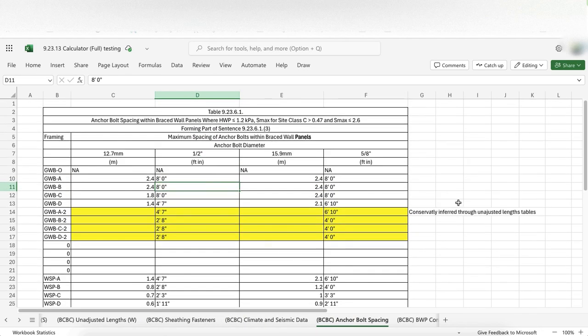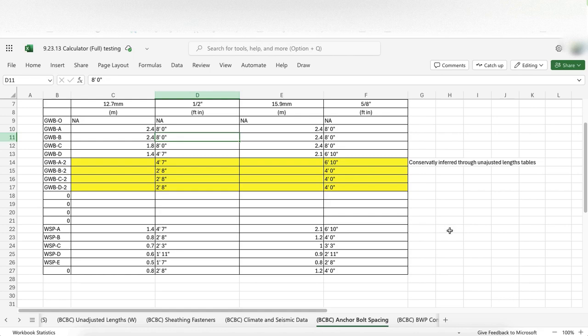A few more tables here related to the spacing of anchor bolts. Again, I've made some, what I feel are, conservative inferred references to these types here. The gypsum wallboard with two panels, one on each side.